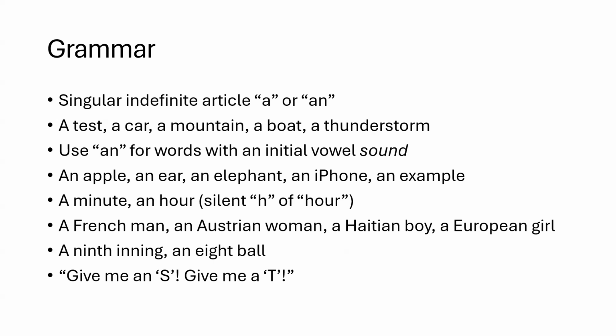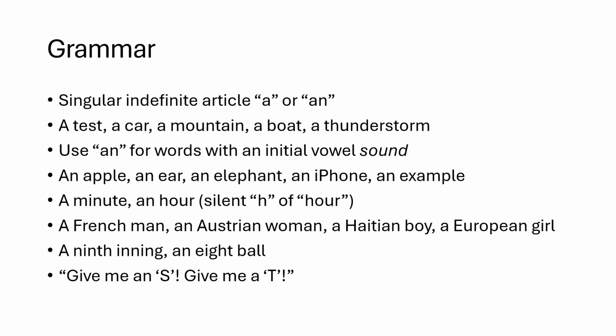So here's some more examples. A Frenchman, an Austrian woman. Austria is a vowel sound. A Haitian boy, a European girl. That begins with a vowel, but we pronounce it with a Y sound. So a European girl.